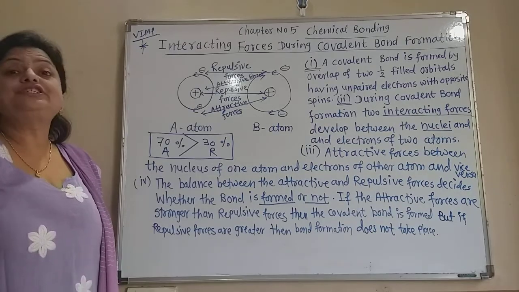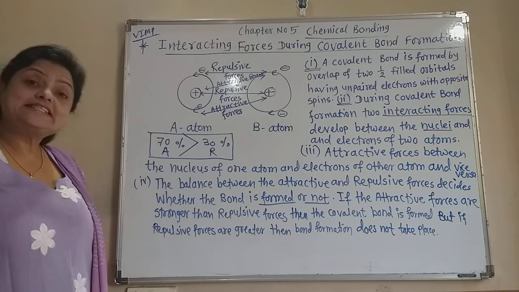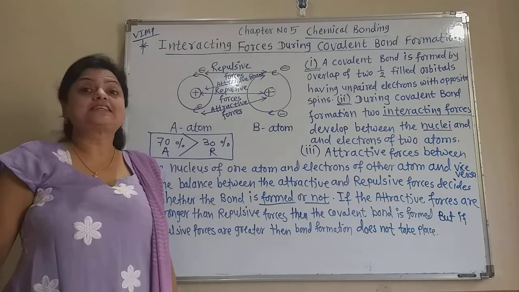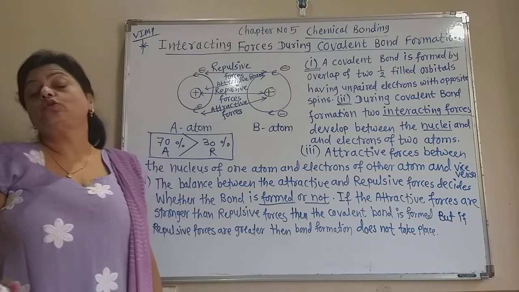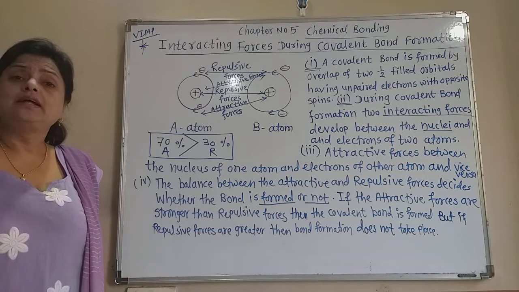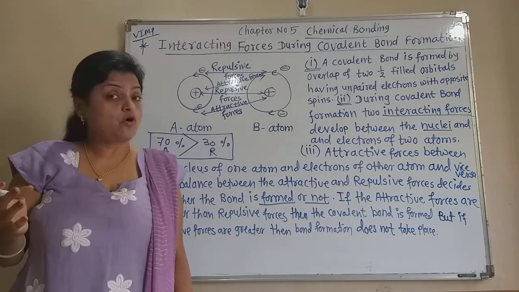But if the opposite is the case, suppose the repulsive forces are 70% and the attractive forces are only 30%, then there is no formation of a covalent bond. In such cases the covalent bond is not formed.